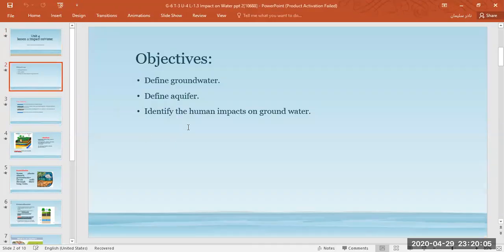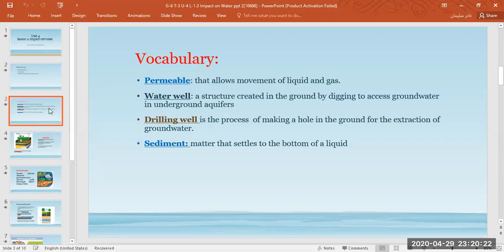During this part, we learn the definition of groundwater. Also, we learn the definition of the aquifer, and we learn how human activities impact groundwater. Let's start with some vocabulary in order to be familiar with the words mentioned within this part.